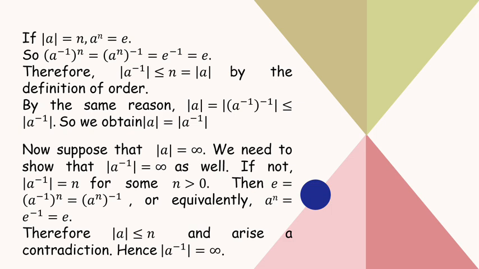Therefore, |a| is less than or equal to n, and this arises a contradiction. Hence, |a to the negative 1| is infinite.